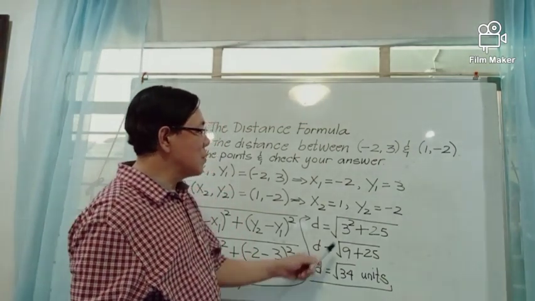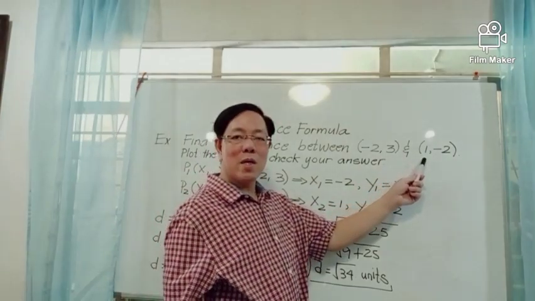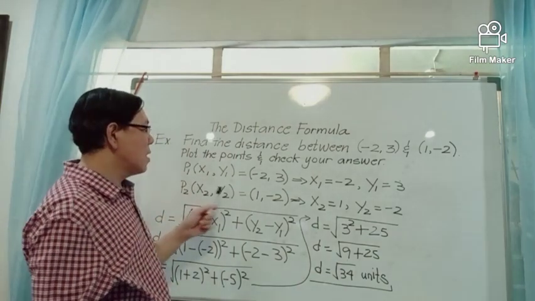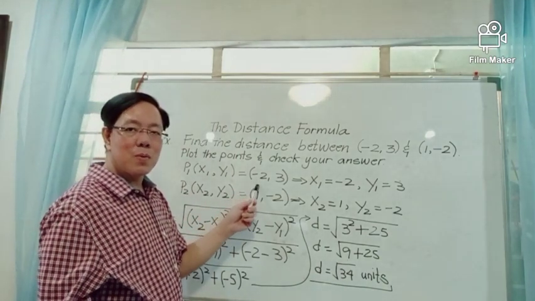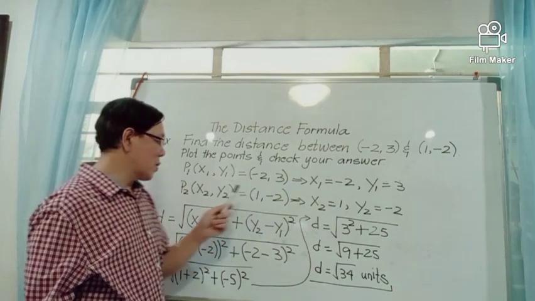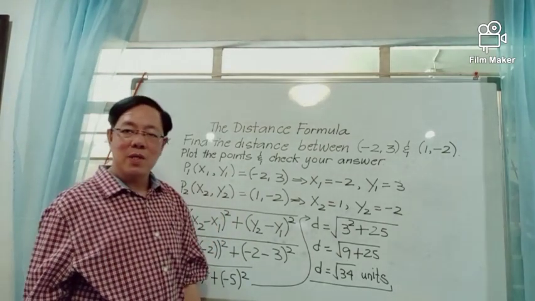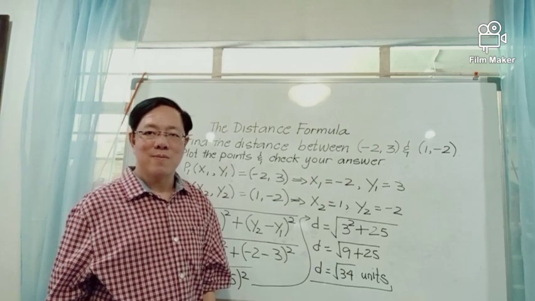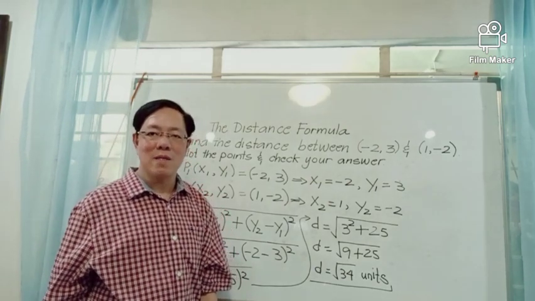Now suppose you take the point 1, negative 2 as your point P1 and the point negative 2, 3 as your point P2. Will you get the same answer? We will do that now to check if we will get the same answer.